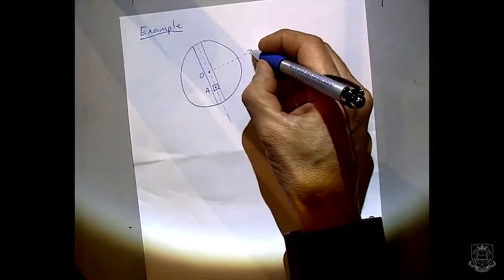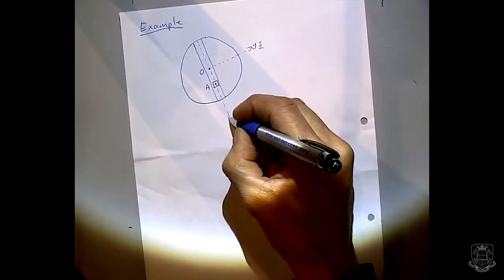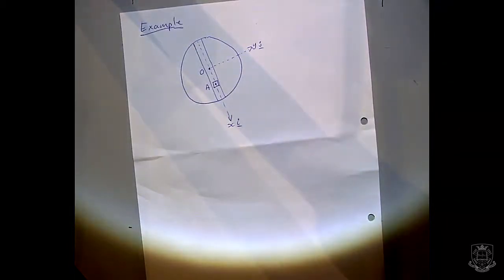Because the slider going along that slot, if we align x with that, then it's always going along the x-axis, which makes it easier, and then y is at 90 degrees coming out from the origin. So we have the y-axis out here, which is equivalent to our j-axis, and we have the x-axis going there, which is equivalent to our i-axis.